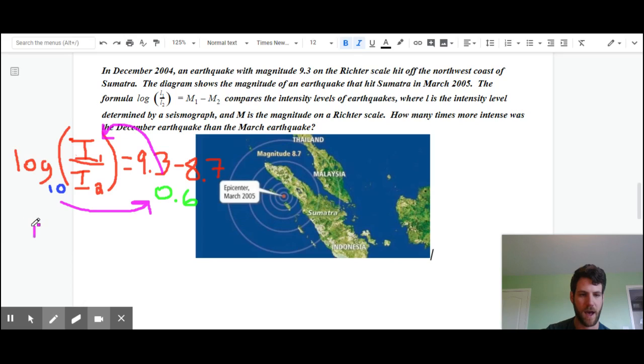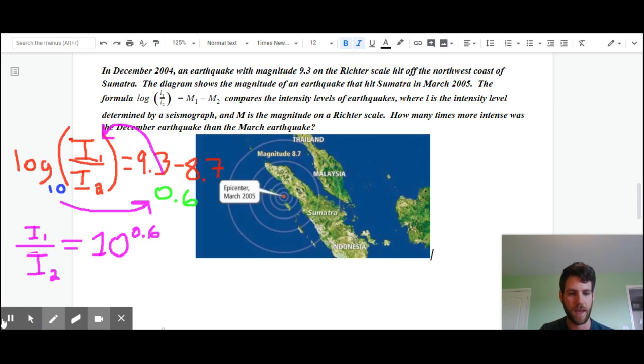So we have I1 over I2 is equal to 10 to the power of 0.6.